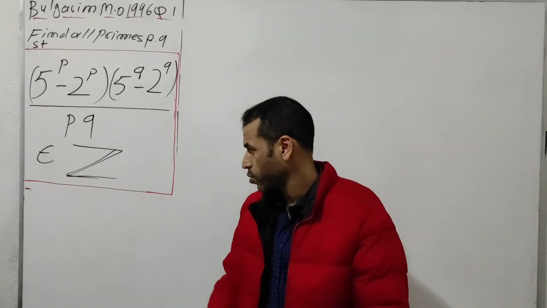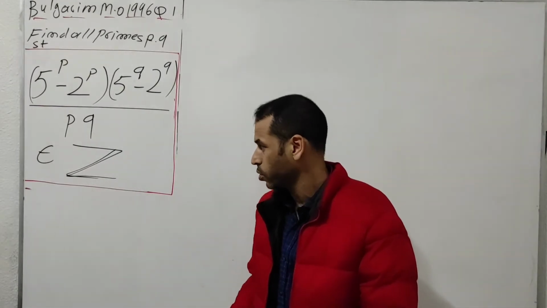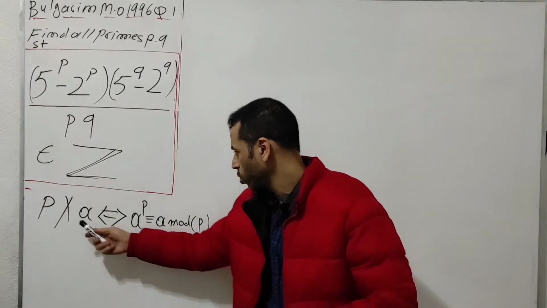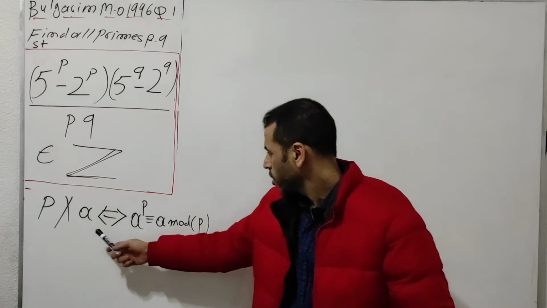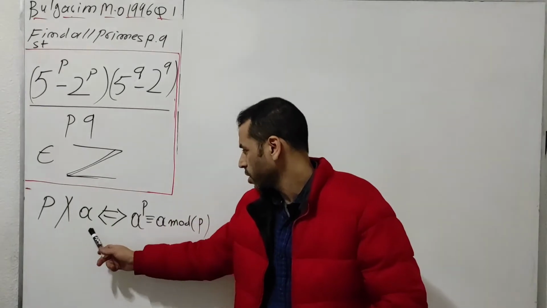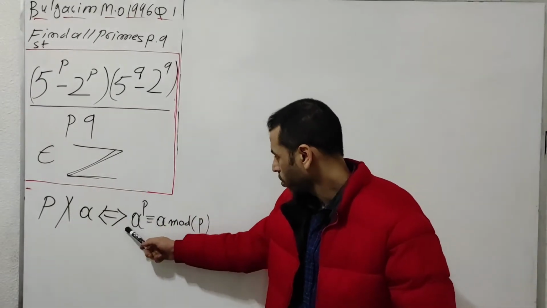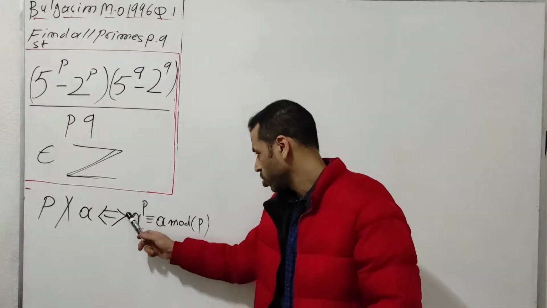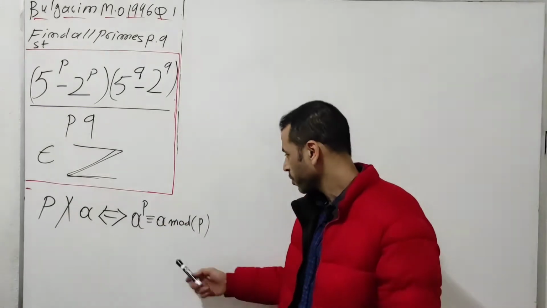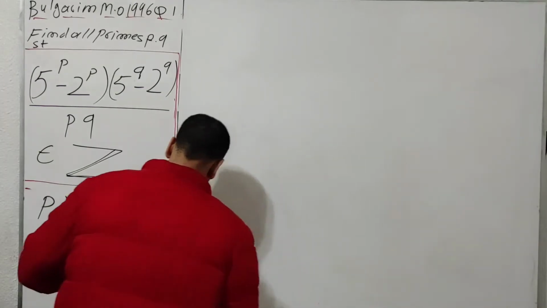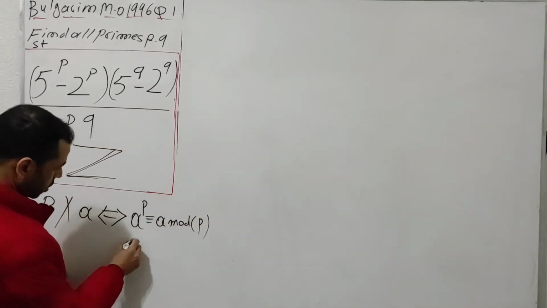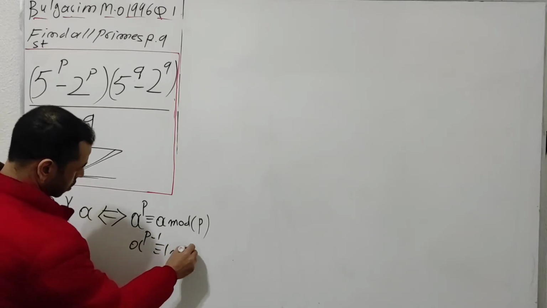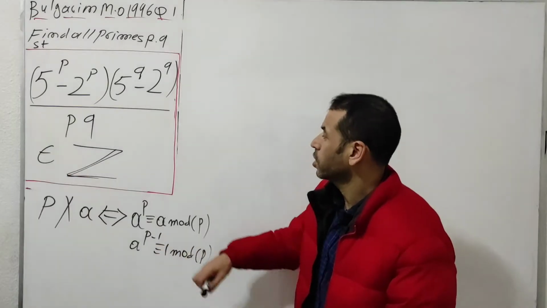Let's make some notes about the arithmetic rules, including Fermat's Theorem. If p does not divide a, an integer, then a^p is congruent to a mod p. This is the general formula for Fermat's Theorem. If we divide both sides by a, we get a^(p-1) congruent to 1 mod p. Let's go into the solution.